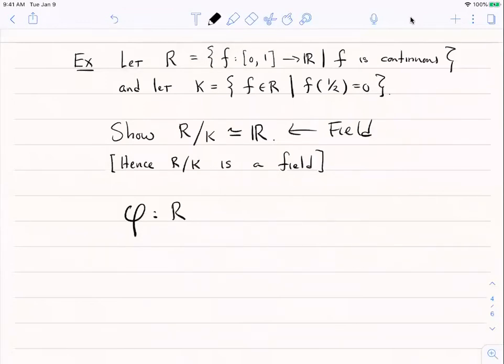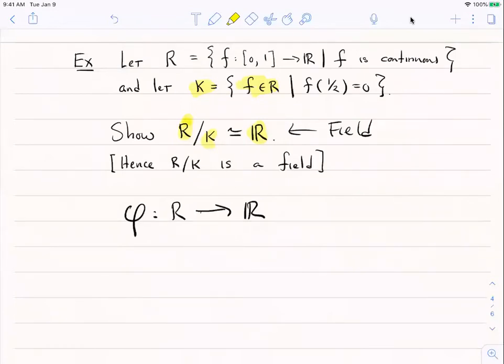These things aren't all that obvious, but if I want to show R over K, I want a homomorphism from the numerator to my target. I want a ring homomorphism. So I am going to try to define a function from this ring to R, and I want to do it in such a way that exactly the functions in this set K are sent to the 0 element of R, to the number 0.